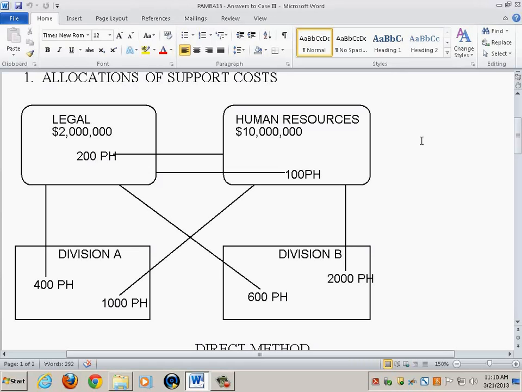Of course, the example here is of 2 support units and 2 operating divisions. And that's not the typical case. If you have an organization of any complexity, you would have many more than 2 supporting units and many more than 2 operating divisions.